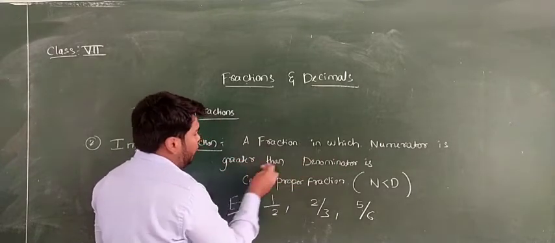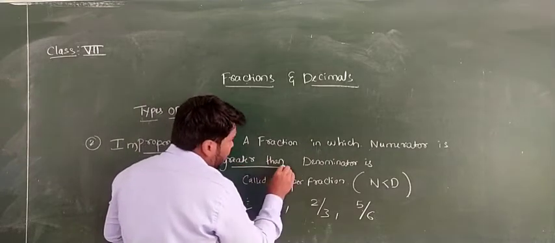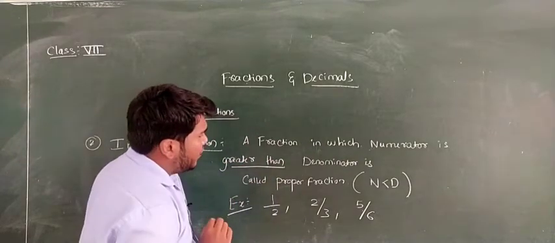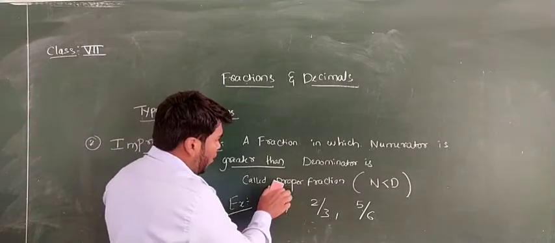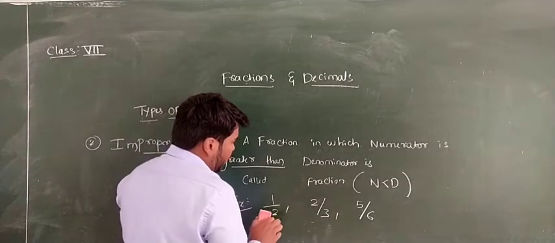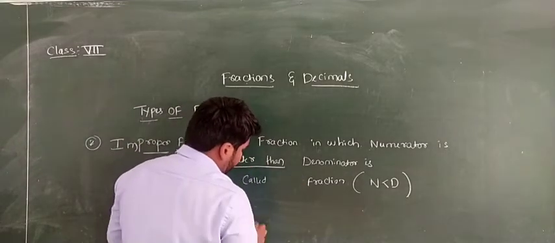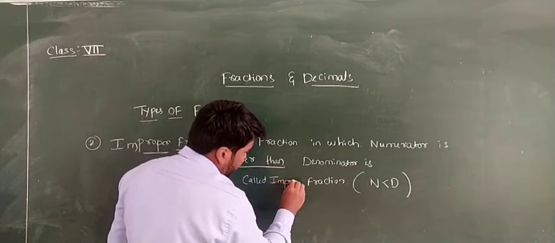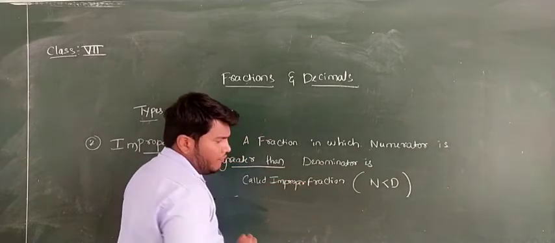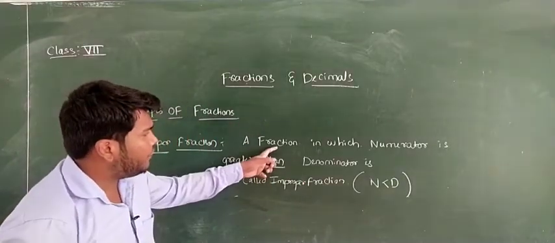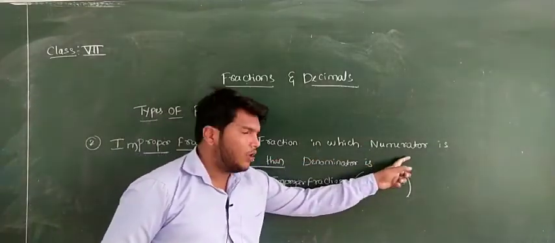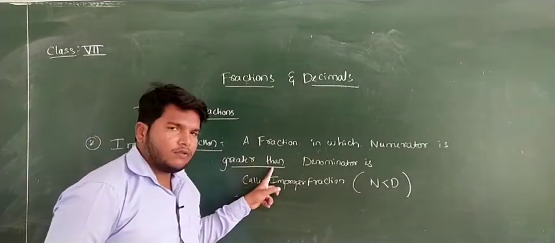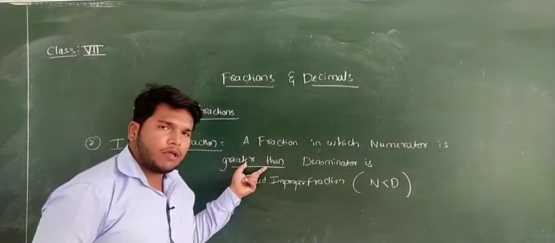A fraction in which numerator is greater than denominator is called an improper fraction. Just this word greater is very, very important.